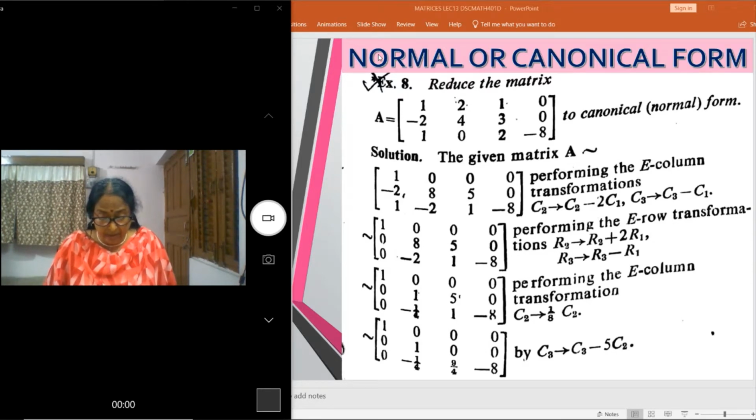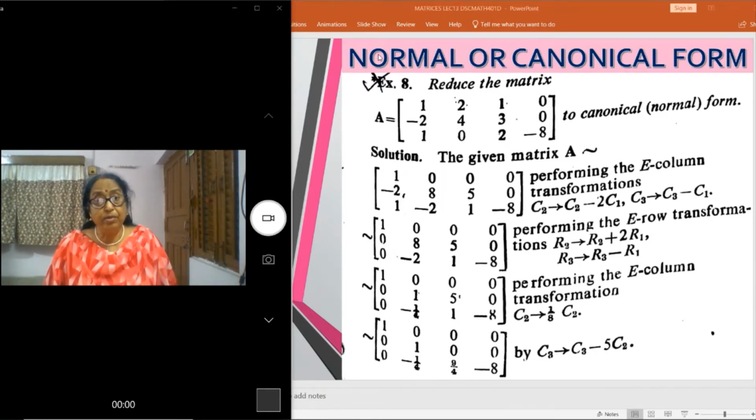So giving the column transformation here, you can see the values are 0, 0, 0. Your aim is to make the first row members equal to 0, giving such transformations that all the elements of the first row become 0, leaving the first element.